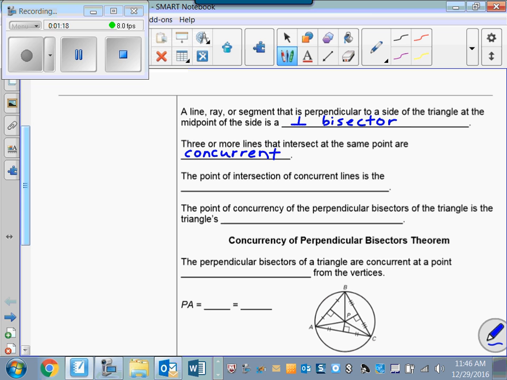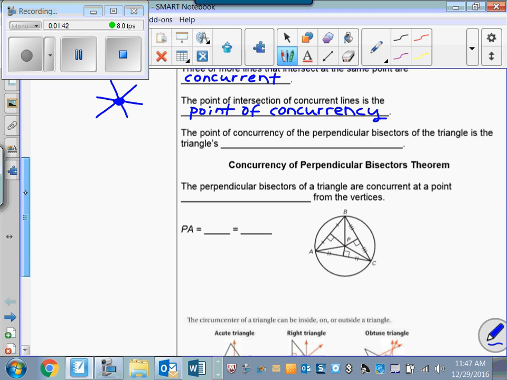If we want to name the point of intersection, we call it the point of concurrency of those concurrent lines, appropriately enough. All that means is if I've got three lines coming somewhere, they intersect at some point, that point is the point of concurrency.